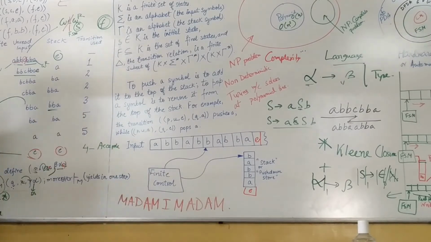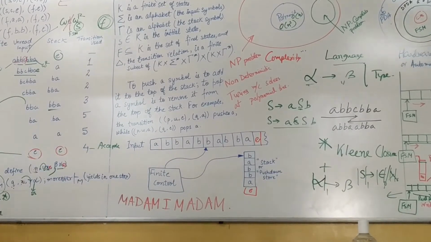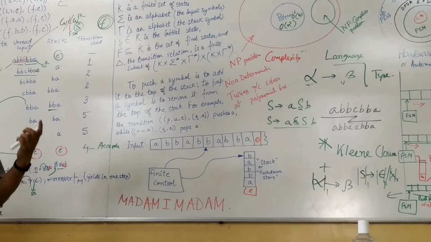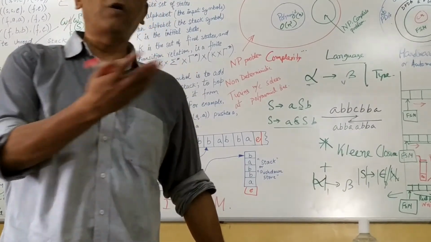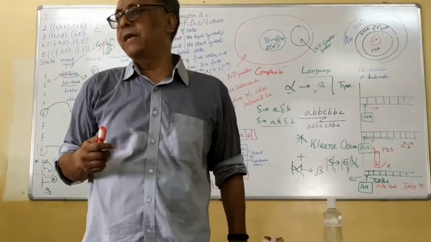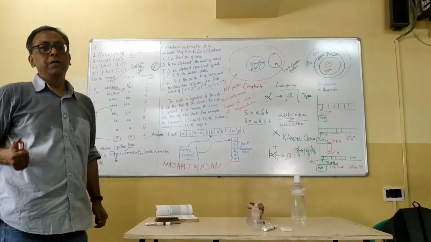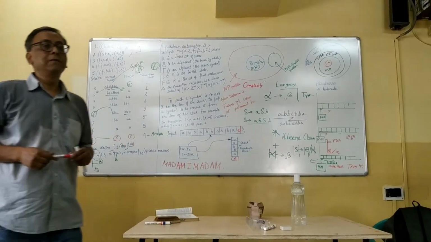It is the famous palindrome. There are even English words, there are lots of palindromes. So a palindrome can be checked by a deterministic push down automaton. Good question. Any other question, please?